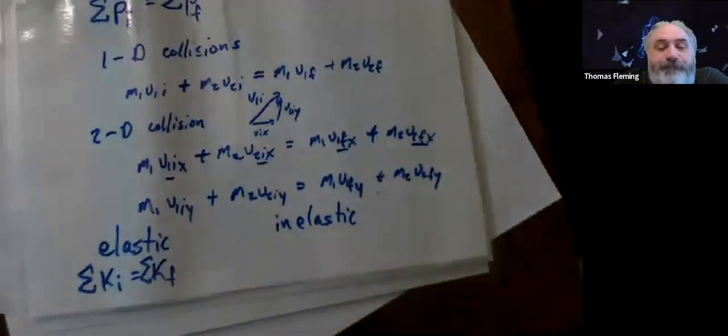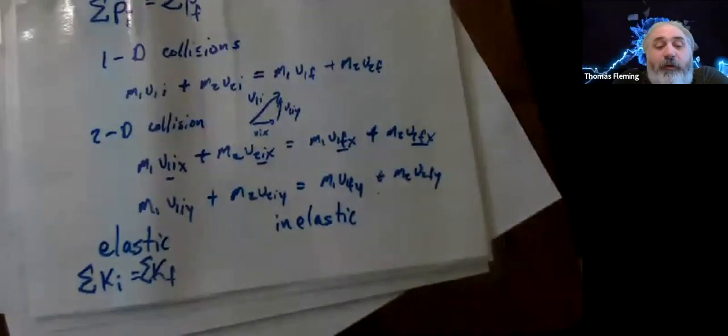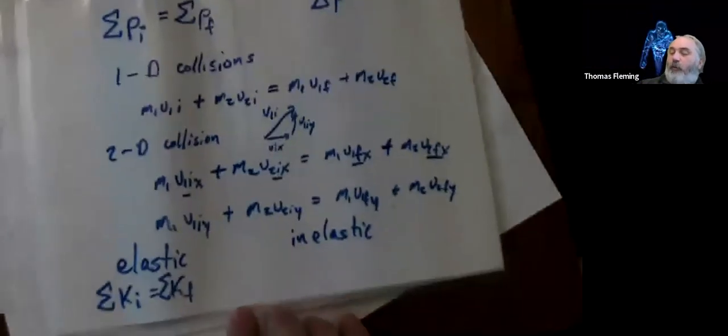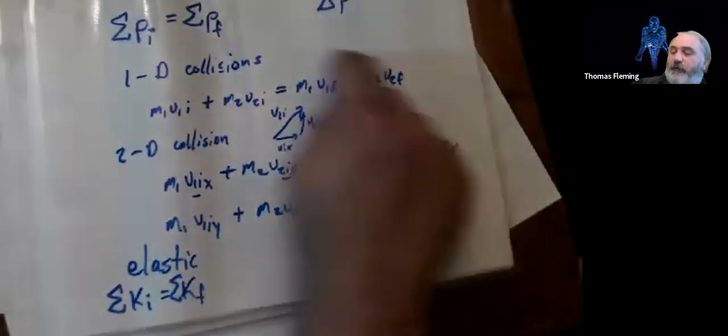All right. So those are the big concepts back in chapter 8, learning how to deal with momentum and momentum conservation. I guess I should probably say that there was one special equation that we did learn for 1D collisions that might be helpful.